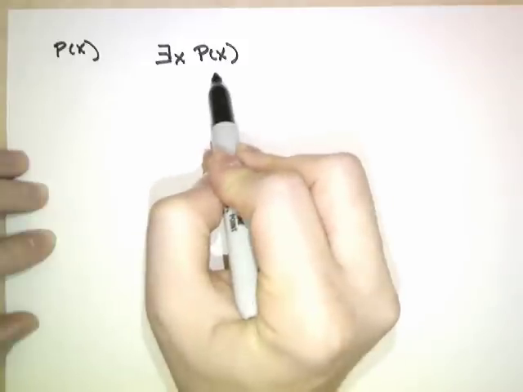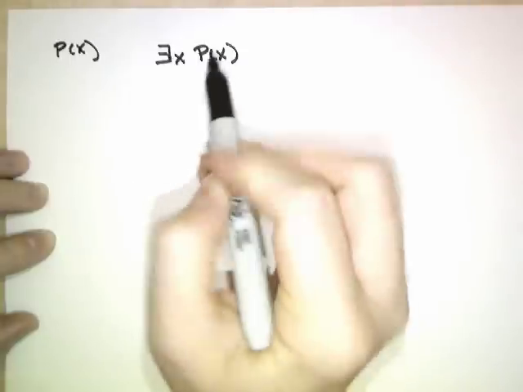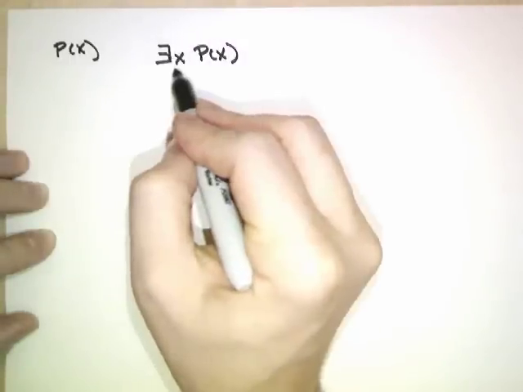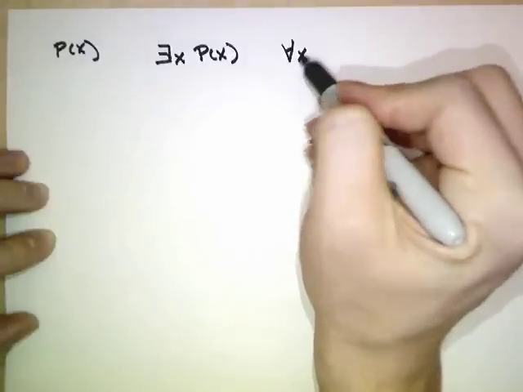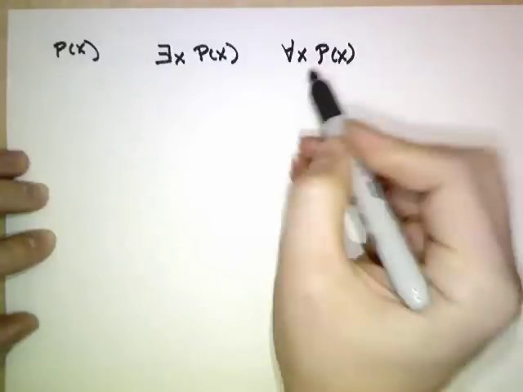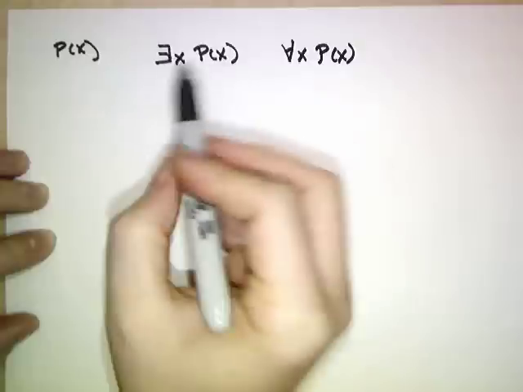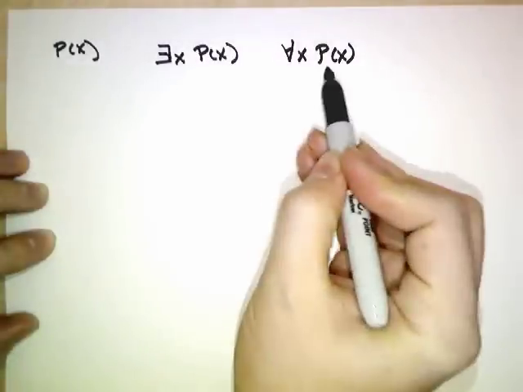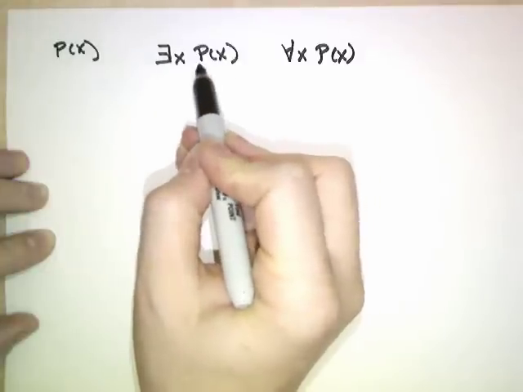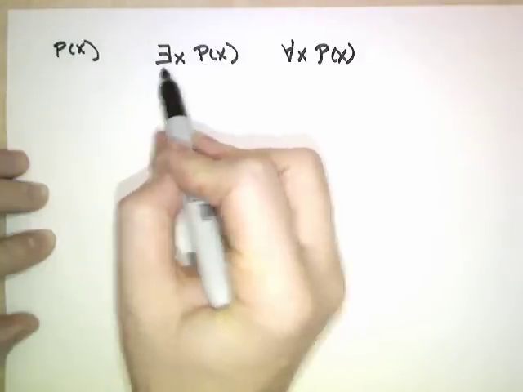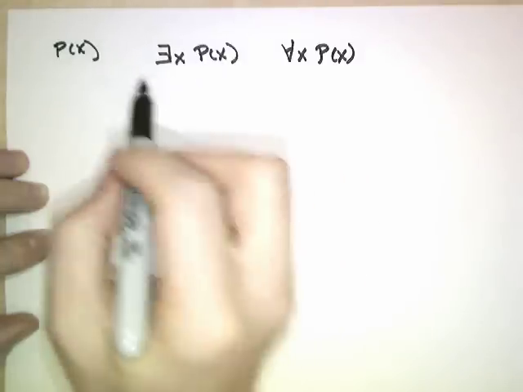If for every element in the domain p of x is false, then this statement is false. So there exists x, p of x is either true or false. Similarly, when I write for all x, p of x, this is now either true or false. As soon as you add these quantifiers in front of the predicates, you change it from a predicate itself to something that is just either true or false.